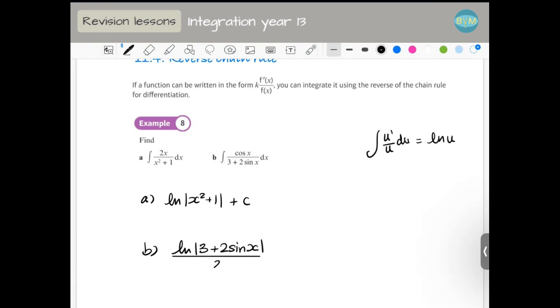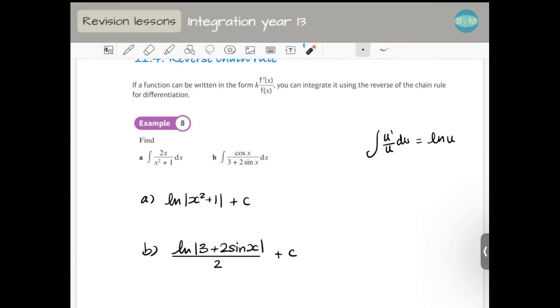Yeah, exactly. Because when you differentiate this function, what about the sine? Is correct? Yeah, because derivative of sine is cos. Be careful with sine and cos, because derivative of sine is cos, but derivative of cos is minus sine. So always you have to be careful. And then divide by 2, because the derivative of this function is 2 cos x. Yeah, plus c.